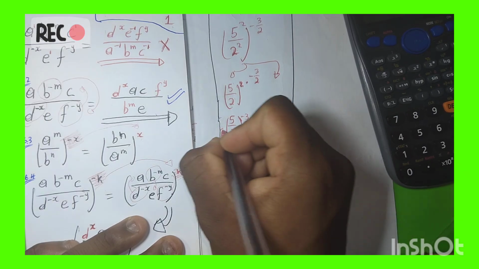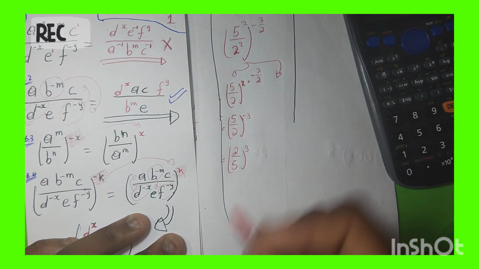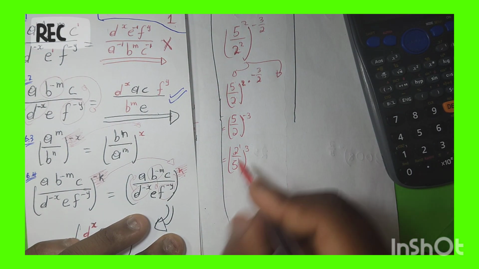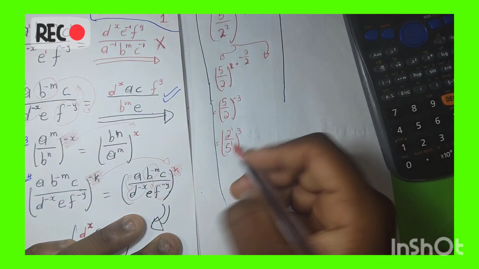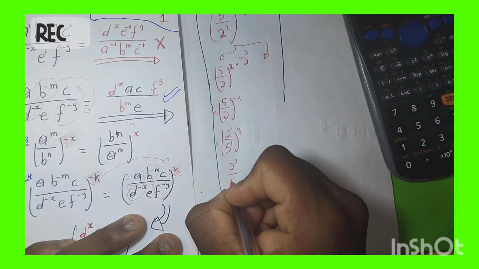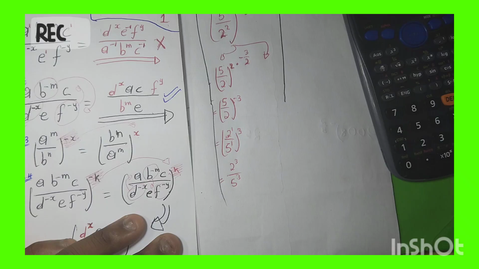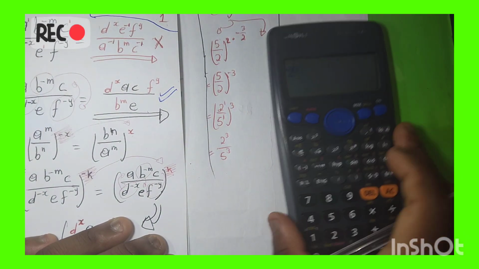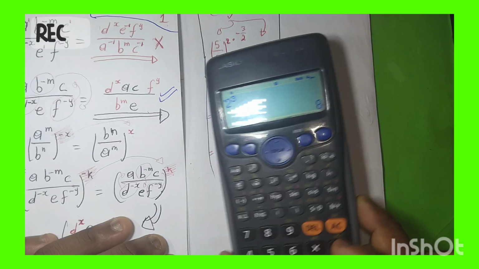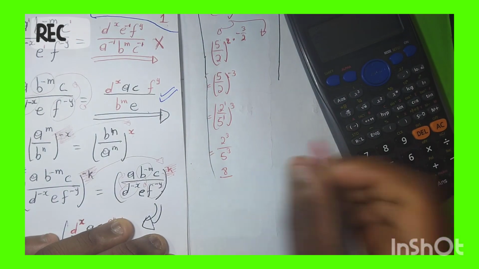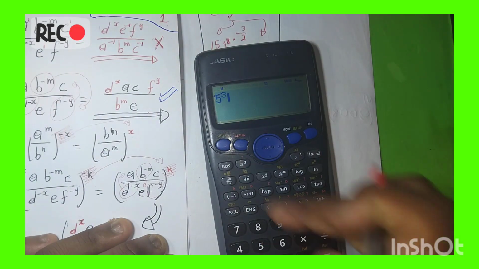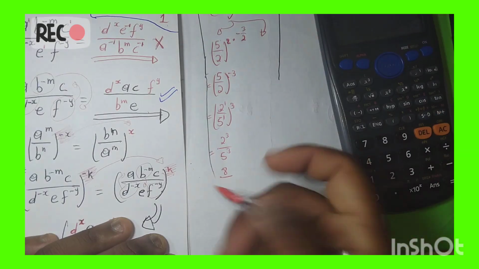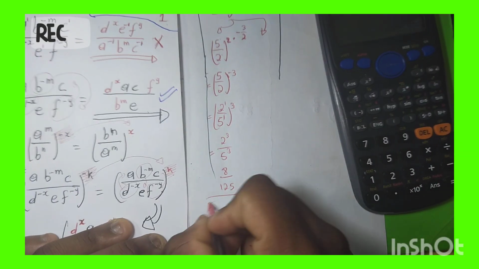Do you see? And here I still have an invisible 1 that will multiply inside, meaning it will be 2 to the 3 divided by 5 to the 3. Now I can use my calculator: 2 to the exponent 3, I'll get 8, divided by 5 to the exponent 3, I'll get 125.